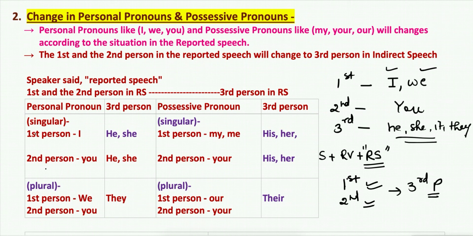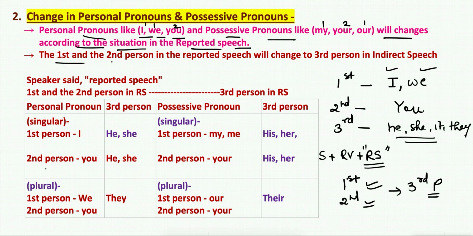How? The personal pronouns like I, we, and you. I and we is the first person, you is the second person. And the possessive pronouns like my and our for first person and your for the second person will change accordingly to the situation in the reported speech.